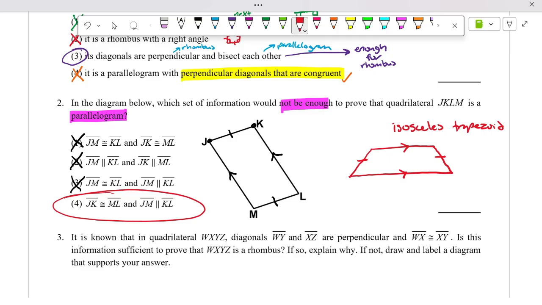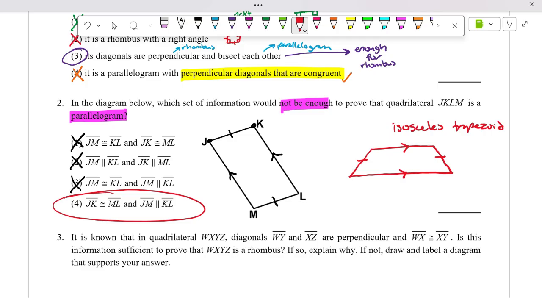Now, I know that the two sides are congruent. So if I connect them, so here and here, just imagine that those are the same length. The lines are parallel. The sides are congruent. So does that make a parallelogram?